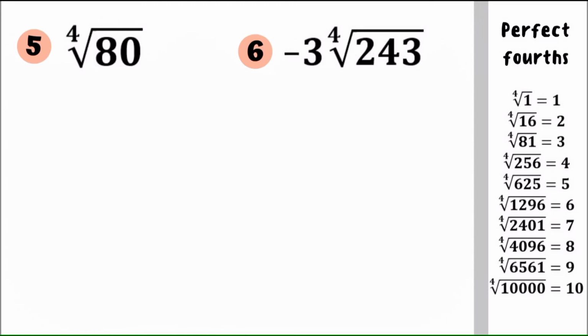So again, I have to break this down, and I have to look for the factors of 80. And I'm looking to see, are any of the factors of 80 perfect fourths? Again, you can always use your calculator. I can rewrite the fourth root of 80 as the fourth root of 16 times the fourth root of 5, because 16 times 5 is 80.